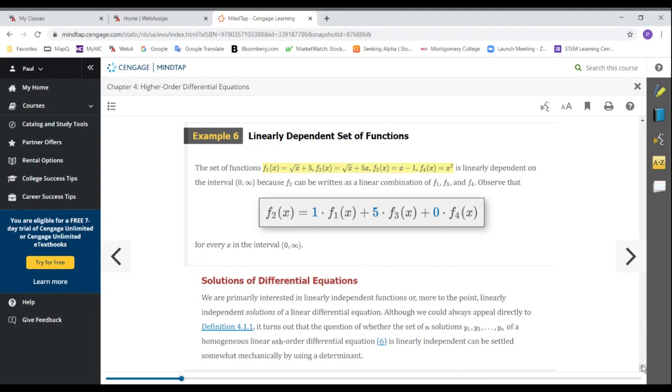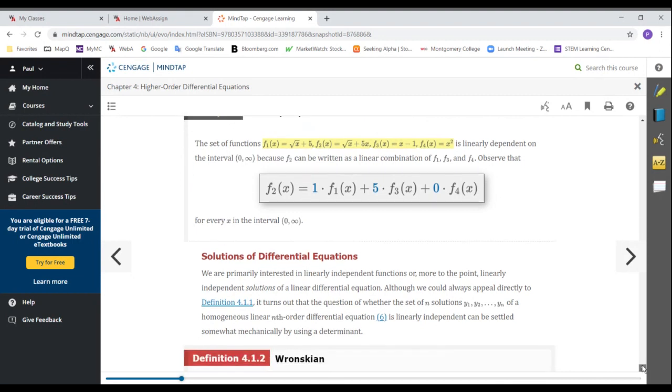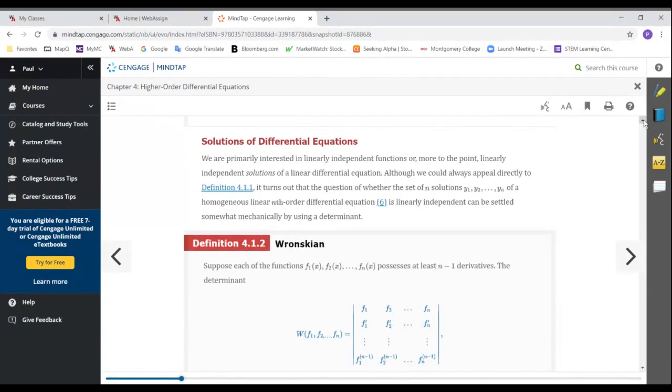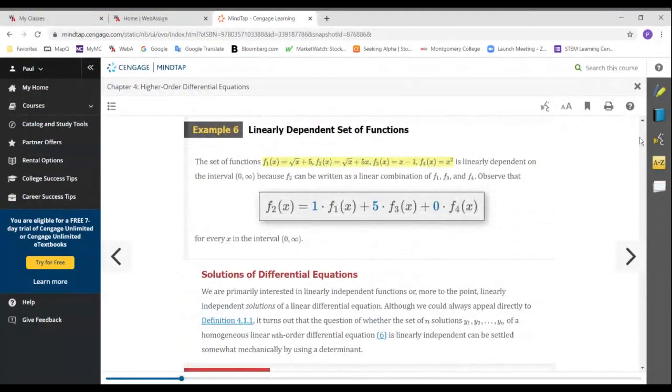So clearly, what we're interested in is knowing when functions are linearly dependent and when they're linearly independent. Here we have 4 little functions, but what if you had 10 functions or 20 functions, and you wanted to see if those functions are linearly independent or dependent?